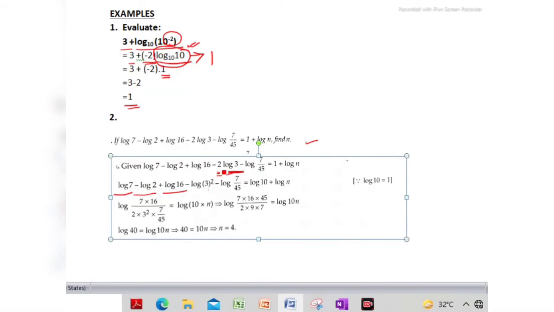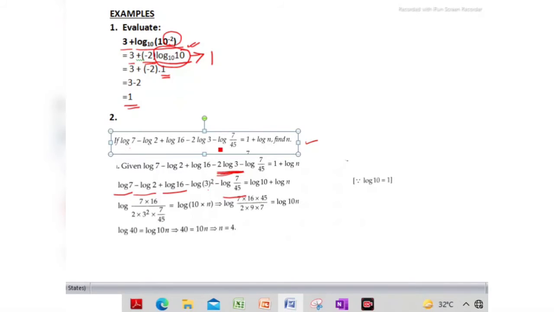We are changing this to log of 3 square, then minus log of 7 upon 45 as it is, and we know that log of 10 is equal to 1. Just recall here, students, that as the base of the log is not given, according to our rule the base of all these logs is 10, because if no base is given in any log, then it is considered as 10.